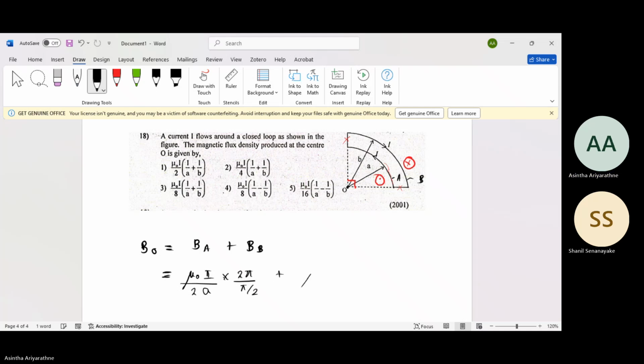Not plus, minus, because of the opposite direction. And for B into 25, but in order to get the quarter, that 5/2.